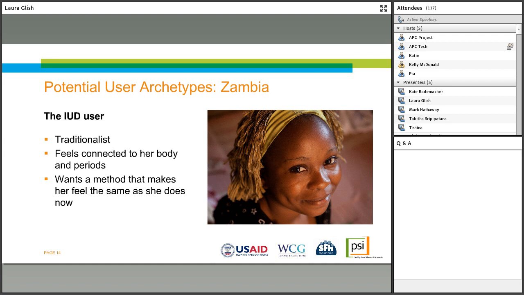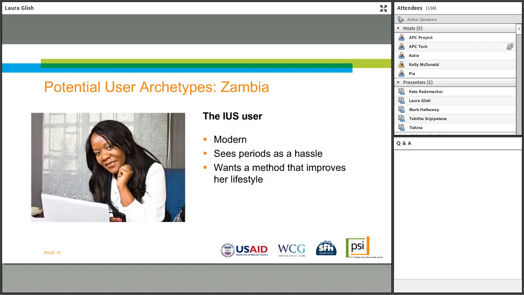For the IUD user, we're positioning this product more for someone who's more of a traditionalist, who wants to feel connected to her body and her periods, who wants a method that makes her feel the same as what she does now. Whereas the IUS user sees herself more as modern, sees her periods as a hassle she would rather not deal with, and wants a method that not only protects from pregnancy but also improves her lifestyle.